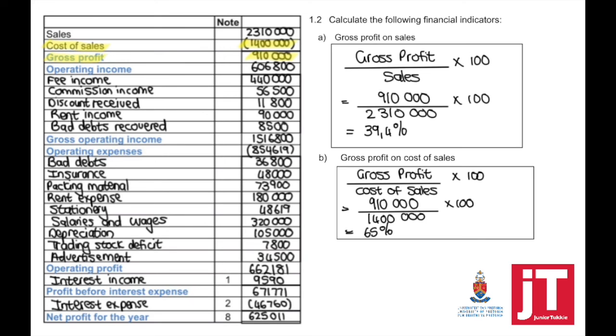And when I compare that with what we actually achieved, it means that we didn't achieve our aimed markup. And then we're going to look at, but why didn't we achieve our aimed markup? What are possible reasons for us not achieving it? And that is how you would comment on that. Our focus in this activity is just understanding how to calculate it. Later on, we're going to look at commenting.